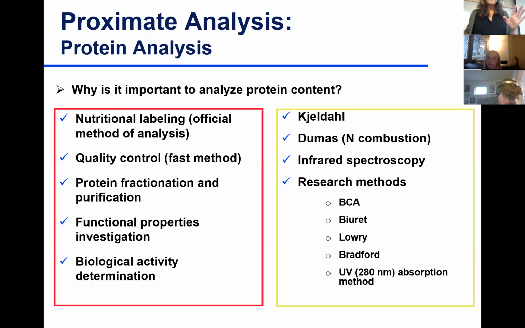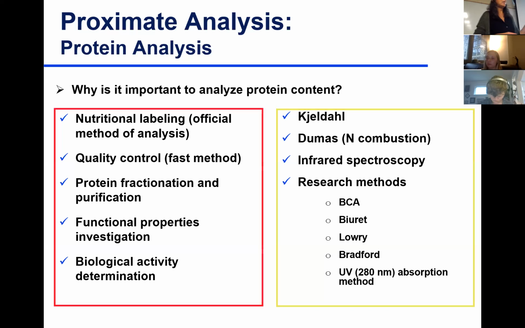Okay, methods. We're going to talk about different methods today. The two most common methods that are official methods of analysis and used to calibrate IR, for example, are the Kjeldahl method and the Dumas method.